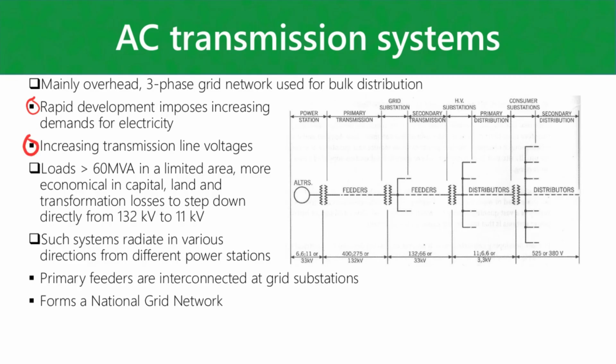This also leads to increasing transmission line voltages. So remember, more load or more demand also translates to higher currents. So in order to keep the current low, we need to transmit at higher voltages.